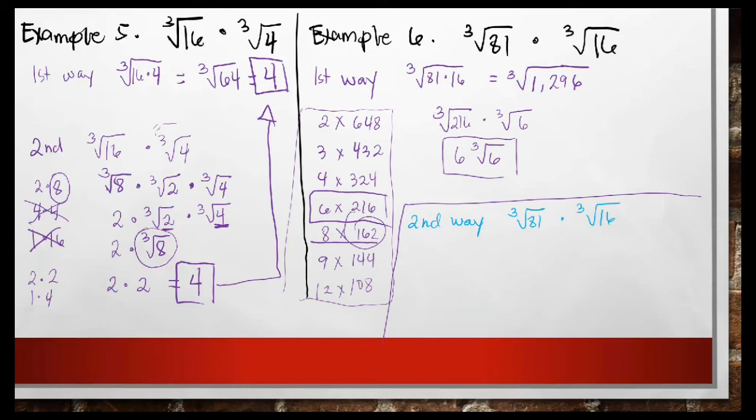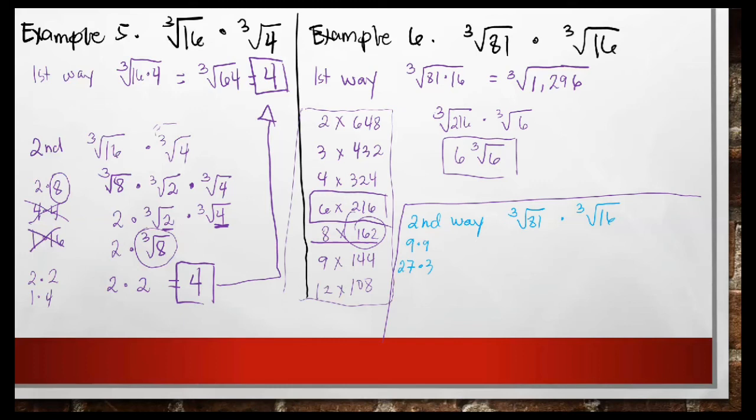The factors of our 81 are 9 times 9, and 27 times 3. If we get the factors of our 81, I think those are the most common factors that we have.